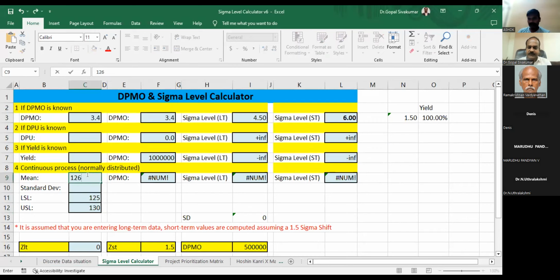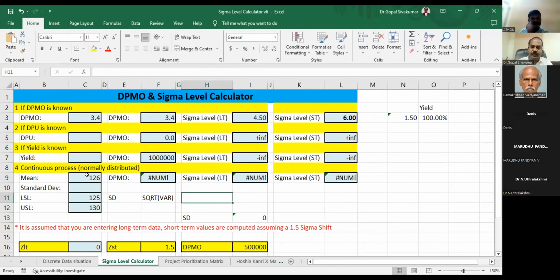Then standard deviation. Please note standard deviation is square root of variance, isn't it? Yes, sir. So that you should know. So equal to SQRT, square root of the variance. Variance is how much? 0.25. So what is square root of 0.25? 0.5. So that 0.5 only I am typing here.